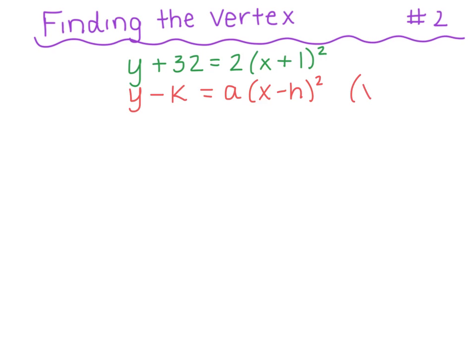So again, that right there is vertex form. And it's called vertex form because the vertex is sitting right there for you. The vertex is always represented by the letters h and k. You probably remember that from last year.